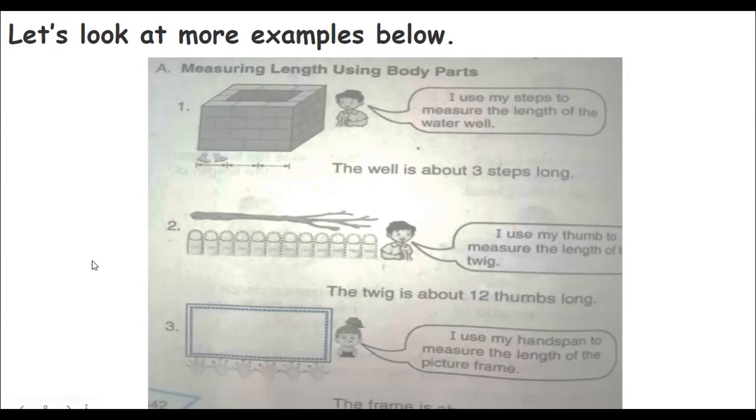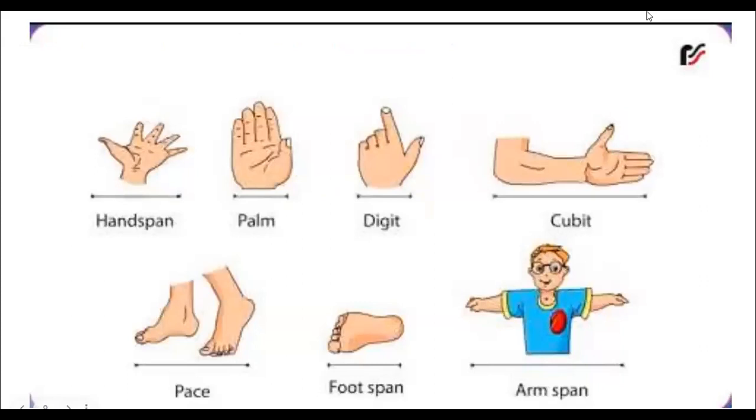So in the next slide, we can see this one. Great one. So this is the handspan. This is your palm. This is your digit, cubit, base or the steps, foot span, and arm span. Okay, so we can measure again the length of objects using our body parts.